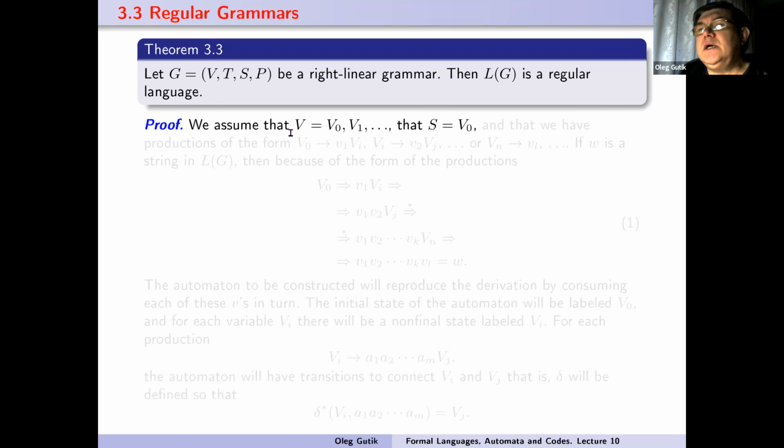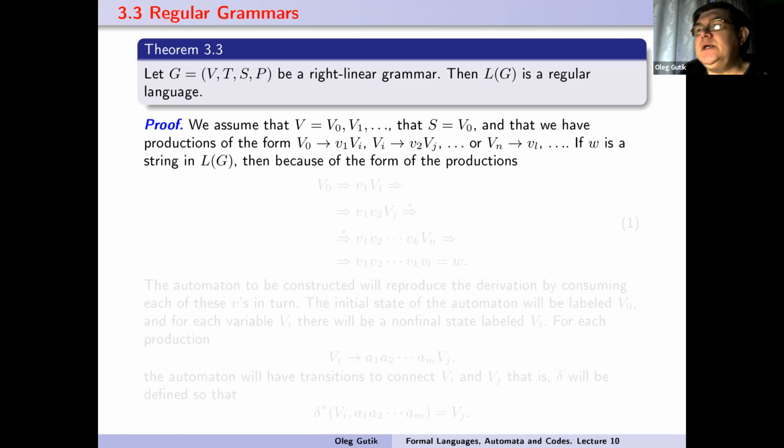We assume that V is equal to {V0, V1, and so on}, that S is equal to V0, and that we have productions of the form V0 into v1Vi, Vi into v2Vj, and so on, or Vn into vl.